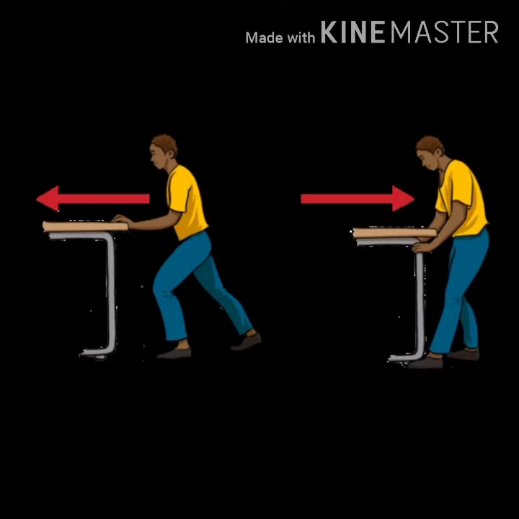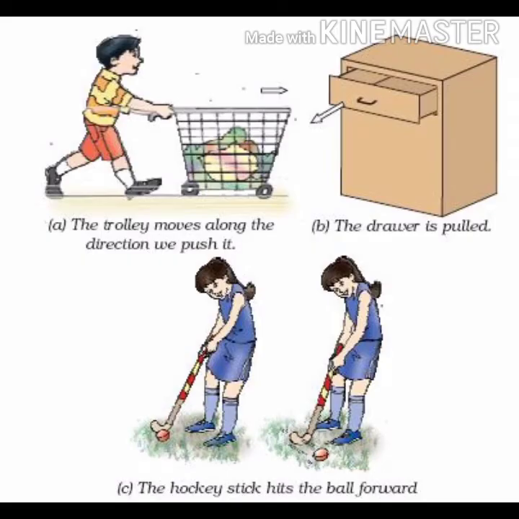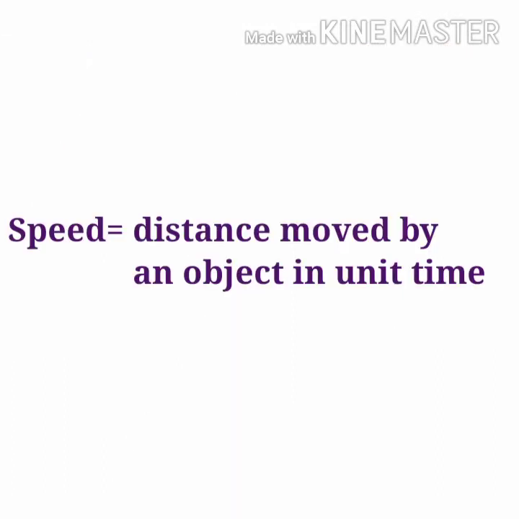You can find out which object moves faster, which object covers the longest path within the given time. That gives the speed of an object. So speed is nothing but the distance moved by an object in unit time.